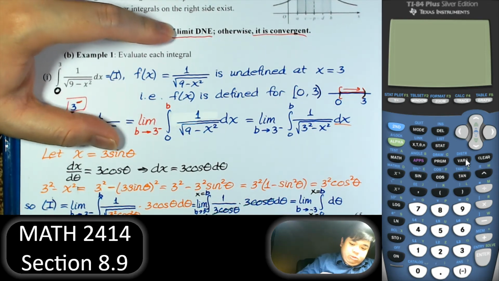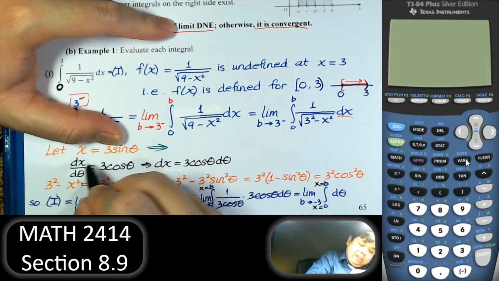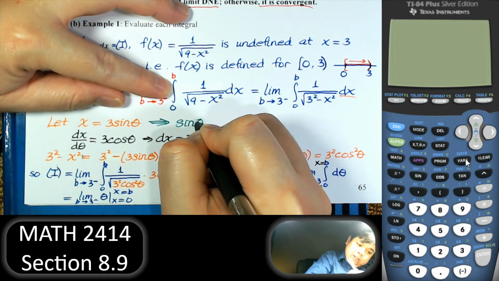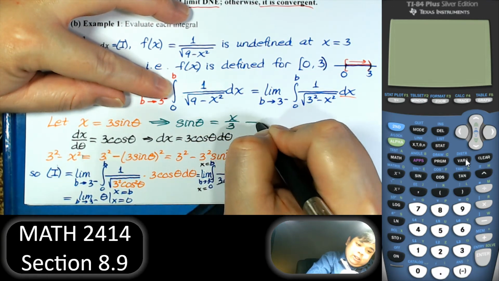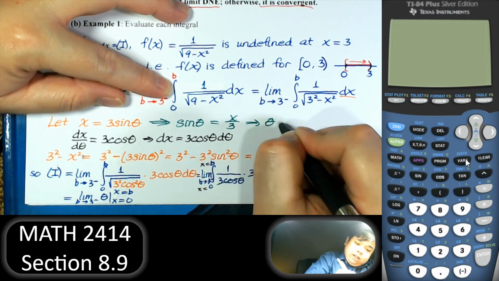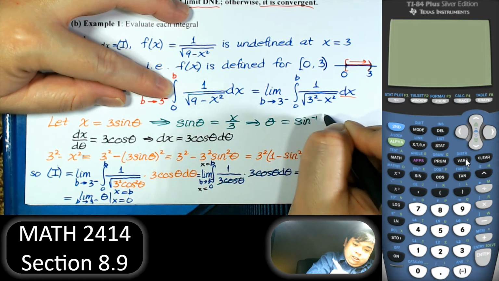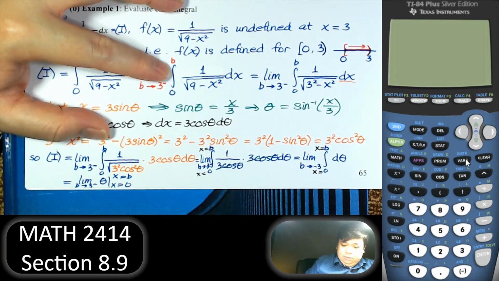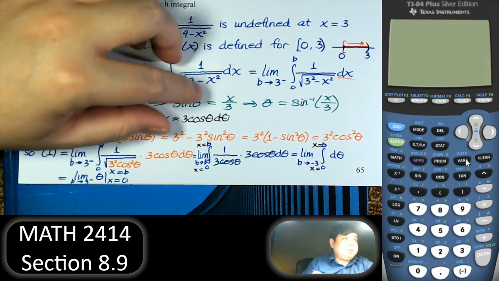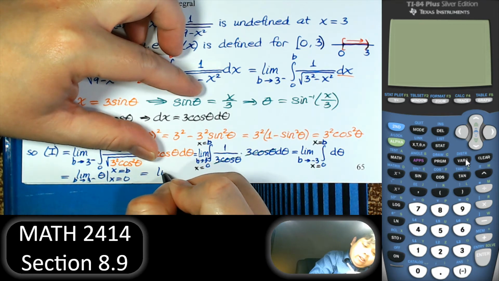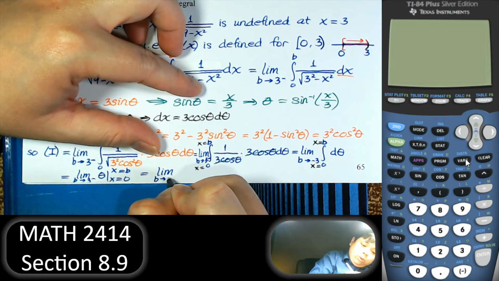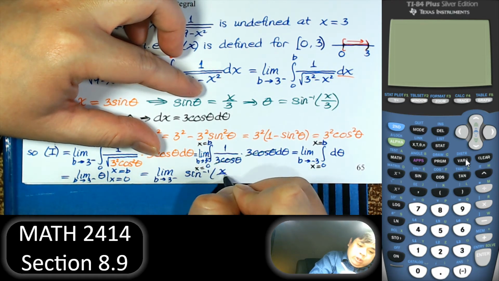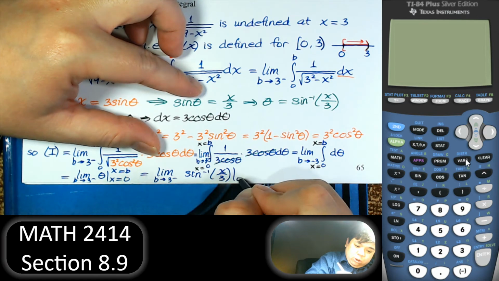That's easy to do. x equals 3 sine theta, so sine theta is x over 3. So theta is equal to sine inverse of x over 3. So we have the limit when b goes to 3 from the negative side of sine inverse of x over 3 from 0 to b.